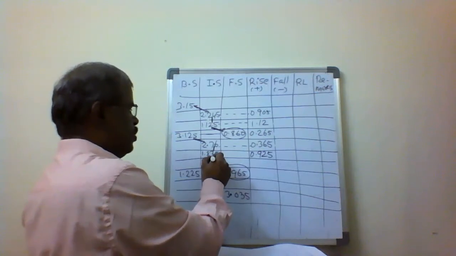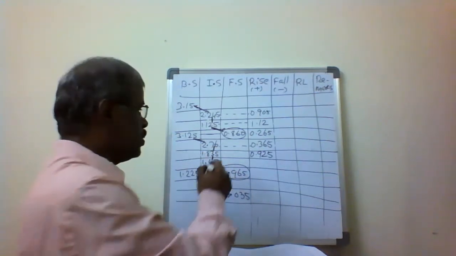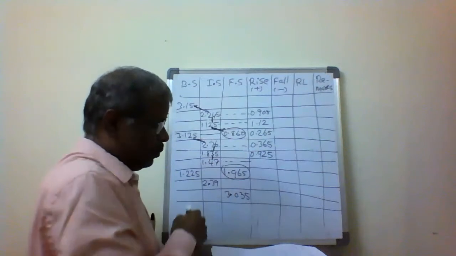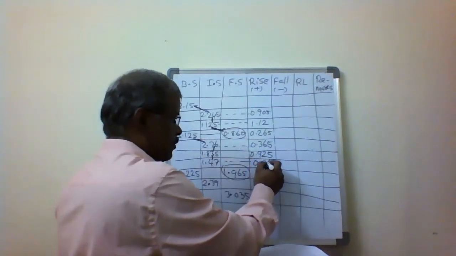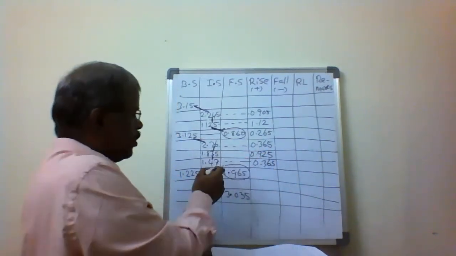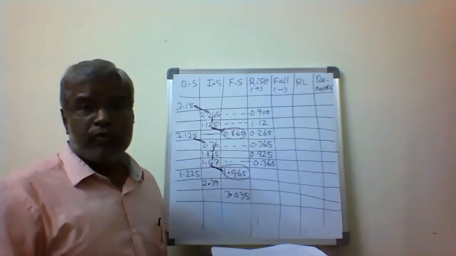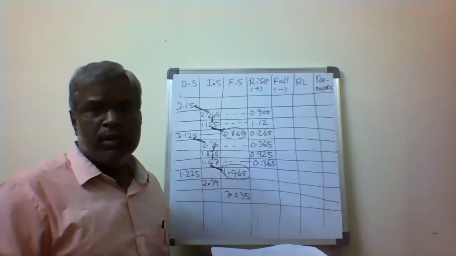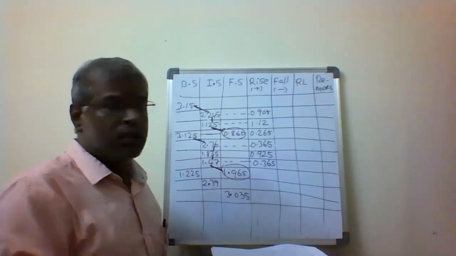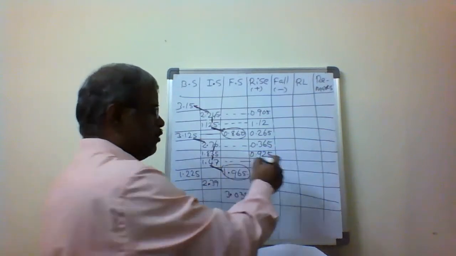Then we compare 1.835 and 1.47. This also comes to a rise, the difference is positive, a rise of 0.365. Then comparing 1.47 and 1.965, the difference is negative, so that becomes a fall of 0.495.